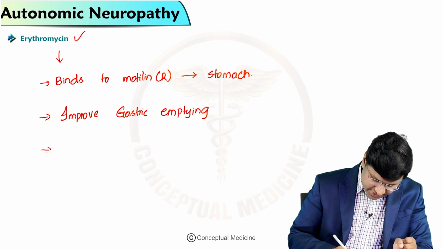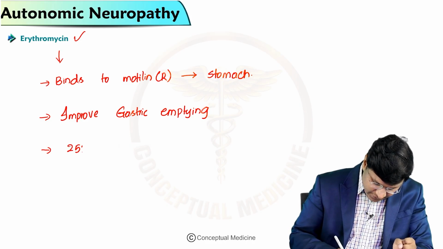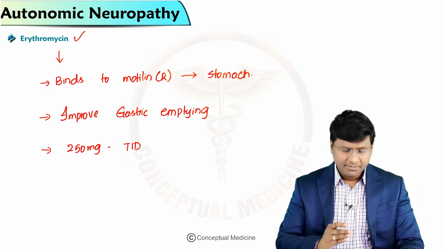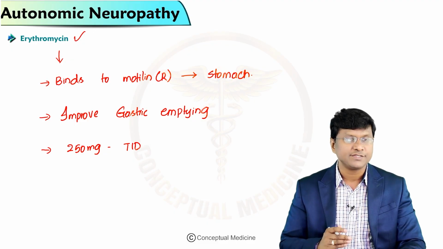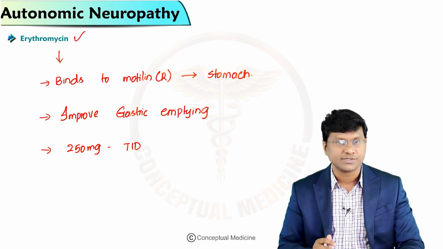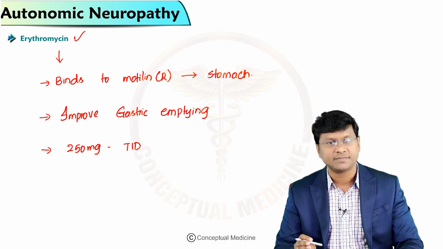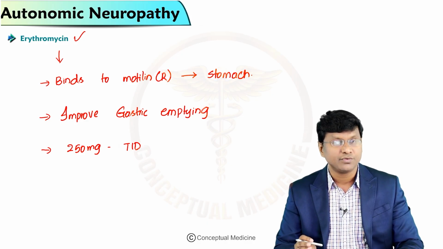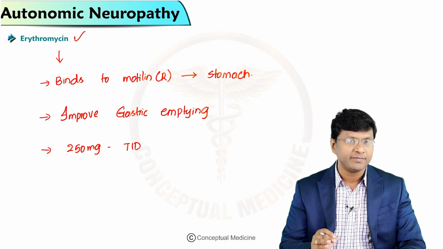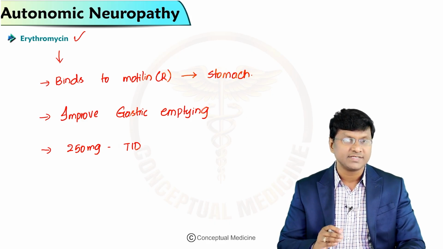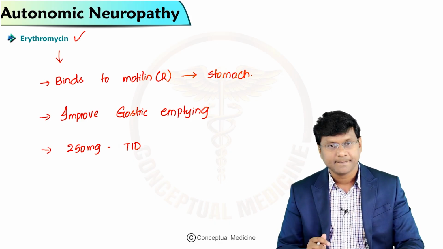So what is the dosage of this erythromycin? 250 milligrams, and you have to give it 3 times daily. But as the time progresses, the efficacy of this erythromycin reduces. So erythromycin binds to the motilin receptors in the stomach and improves the gastric emptying over a short term in doses of 250 milligrams 3 times daily. But the efficacy of this erythromycin diminishes over time.